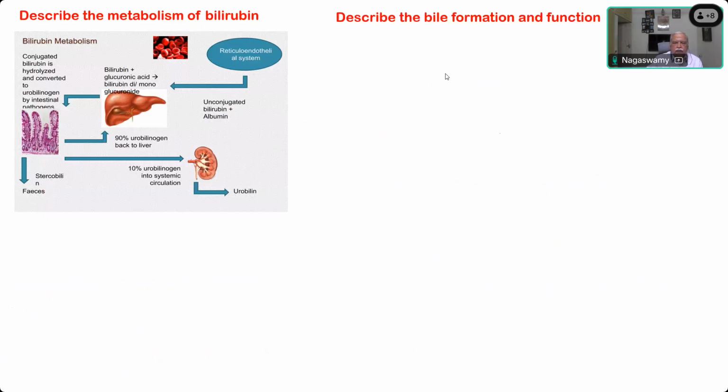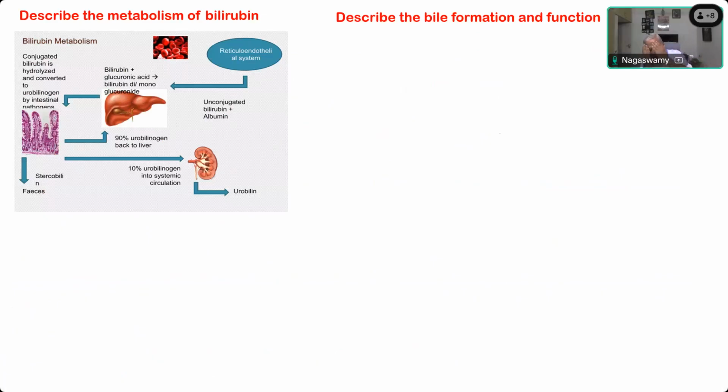Describe the bile formation and what is the function of the bile. How is bile produced? So bile is produced in the liver. Liver means the whole liver.